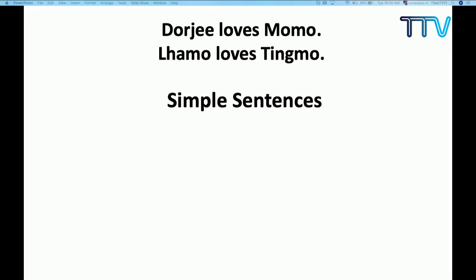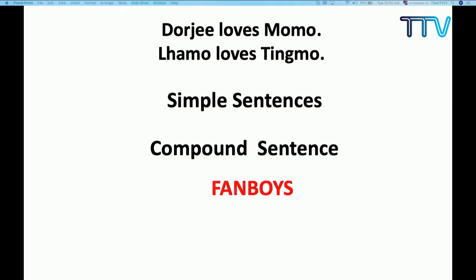Lower class students write sentences like this: Doji loves Momo. Hamo loves Tingmo. If they move on to a higher class, instead of writing so many simple sentences, we can combine them. When we combine, we get the compound sentence.